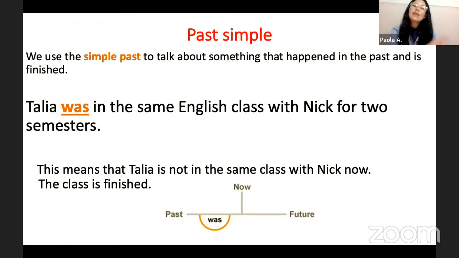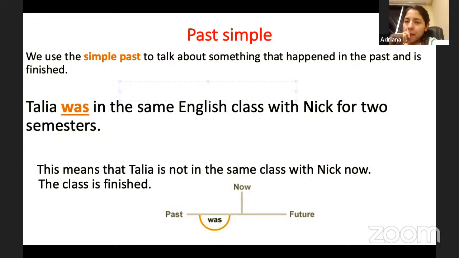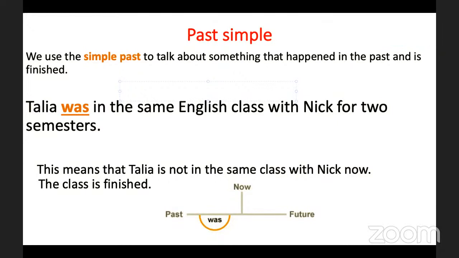Okay, so usually in the simple past, we mention something that already happened. For example, what's the first thing that you did in the morning, Adrian? Can you mention anything that you did in the morning? Can you hear me, Adriana? Yes, teacher. Okay. So what's the first thing you did in the morning? You can mention anything.